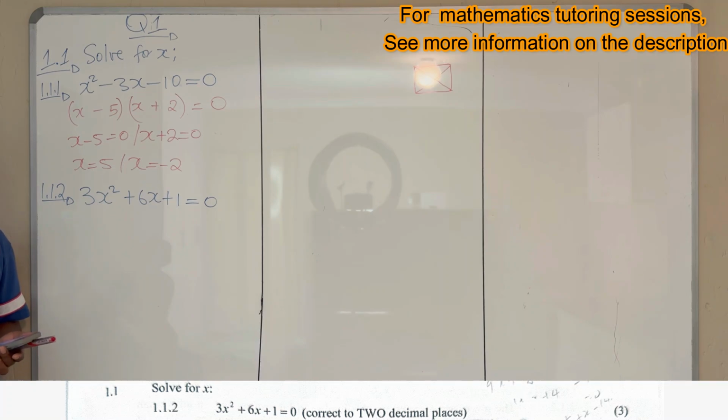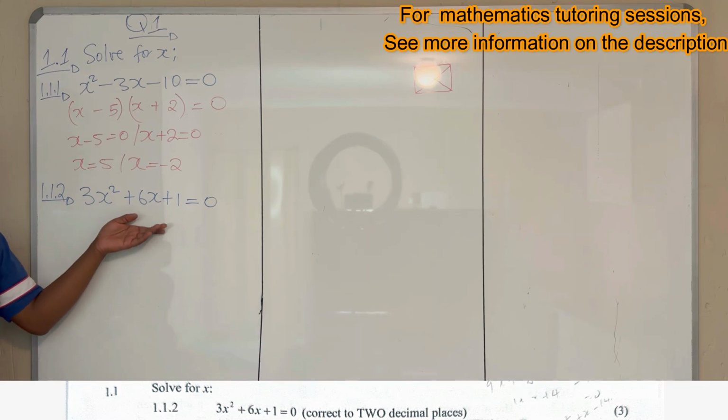I said it's a hint because if they are saying that to you, of course you're expected to round most of your answers to 2 decimal points as per their instructions. So I think what they're trying to say to you essentially is that the solutions of this thing might not be rational, they might be irrational. So whatever those answers that you get, you must correct them to 2 decimal places. I think that's what they're trying to say.